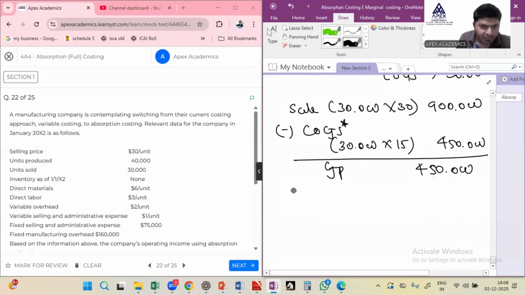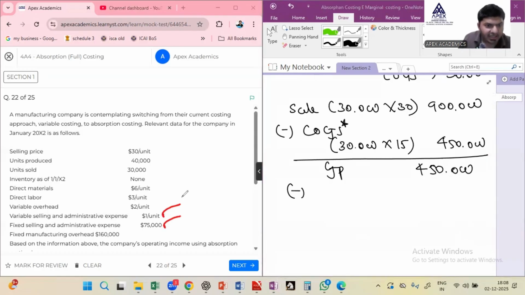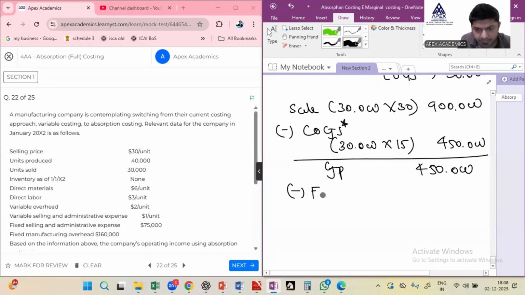From gross profit, I will subtract variable selling, and I will take into consideration fixed selling and administrative. First I will subtract fixed selling, general and administrative, which is 75,000, and then I will subtract my variable selling and admin.